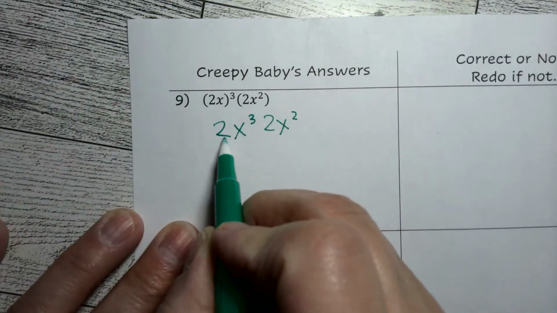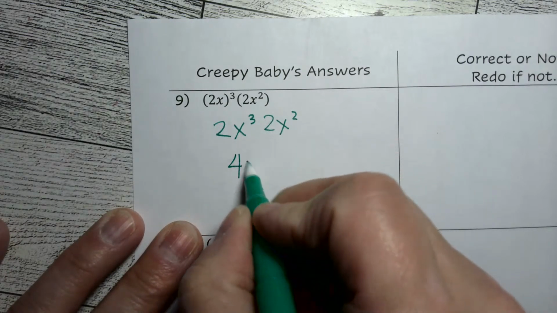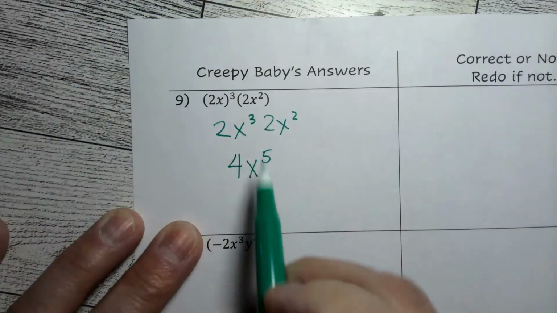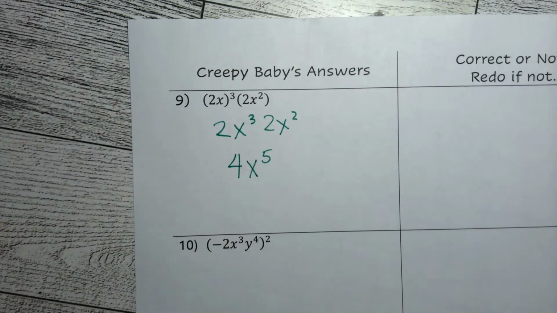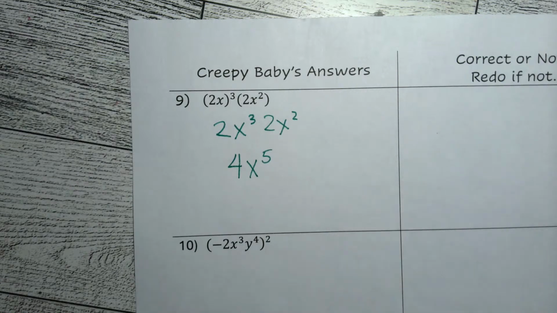And then from here, she multiplies the 2's together to get a 4, and she sees that there are 5 x's in that line. And so that's her answer. Make a decision about whether that's right or wrong. If it's wrong, find the mistake and redo it over here.